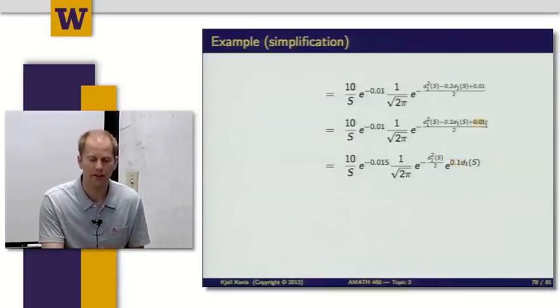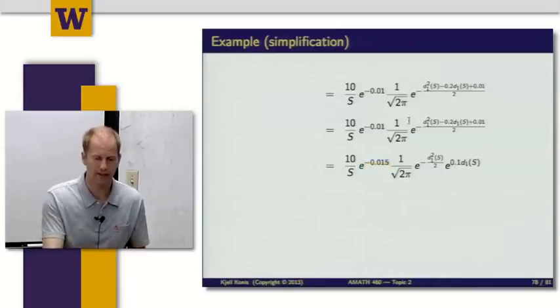And then 0.01 divided by 2 was 0.005, and that was just going to end up also over here. And remember, there's the minus sign multiplying it here, so I have minus 0.01 minus 0.005, and that's what gives me this term here.